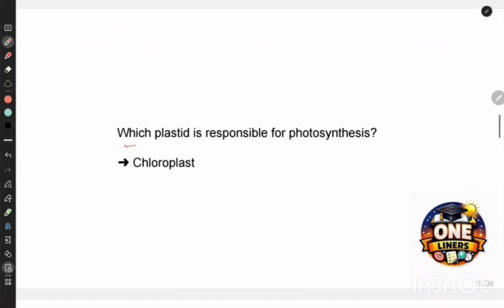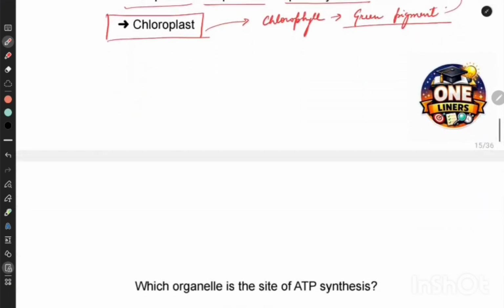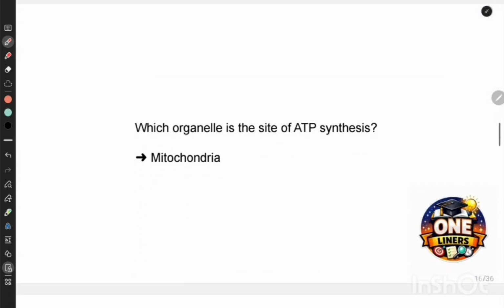Next, which plastid is responsible for photosynthesis? So for photosynthesis, chloroplasts are responsible. So chloroplasts contain chlorophyll, which is a green pigment, and it helps in photosynthesis. Okay. Next, which organelle is the site of ATP synthesis?